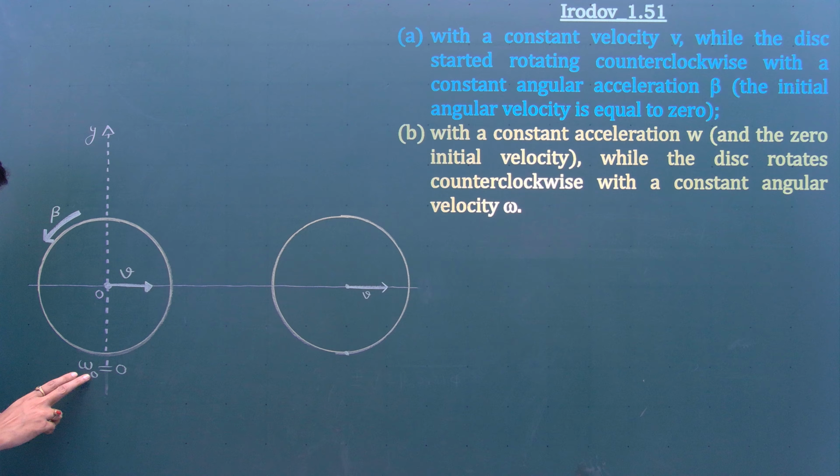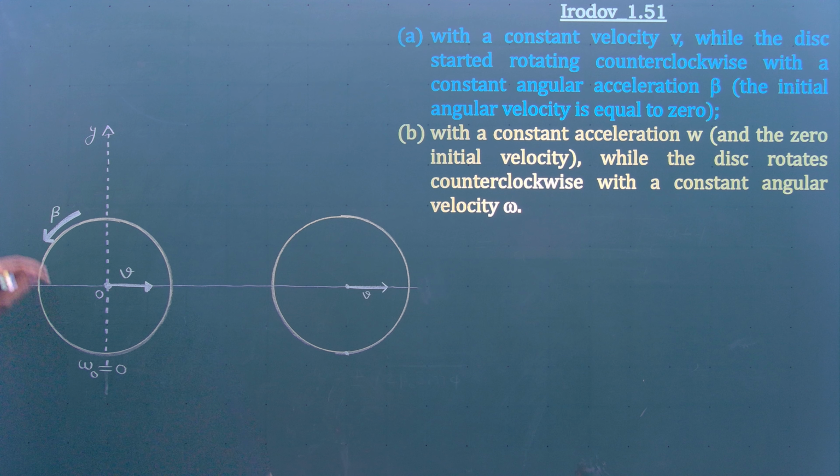The disk moving with constant velocity v means the center of the disk is moving with constant velocity v, while the disk started rotating counterclockwise with a constant angular acceleration beta. Started rotating means initially the angular speed of this disk is 0, but the angular acceleration is not 0, it is beta. So we have to find the equation of the instantaneous axis of rotation of this disk.